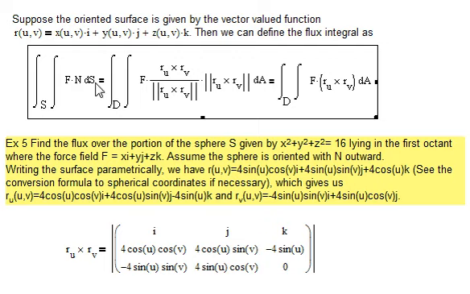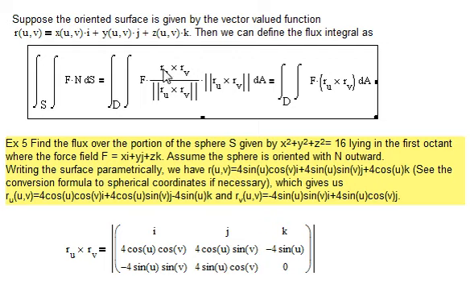Then we can define the flux integral as the integral of F dot n dS over the surface S, which is F dot the derivative of r with respect to u cross the derivative of r with respect to v divided by its length, times its length.